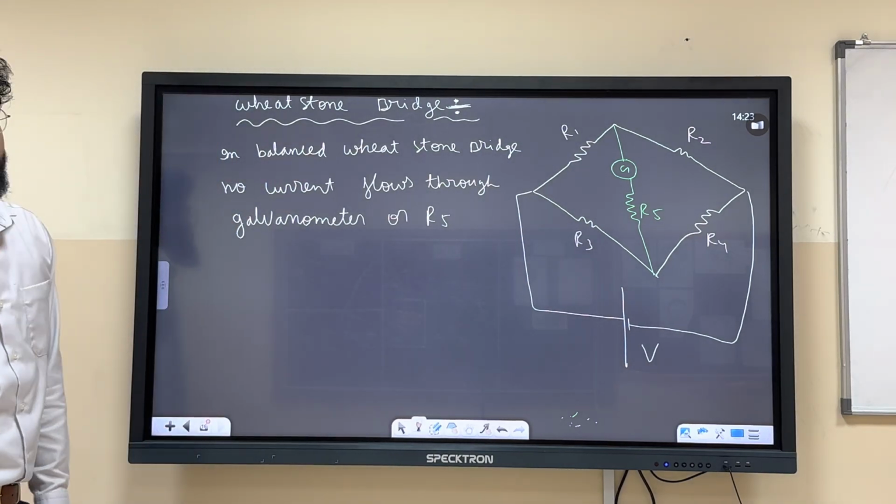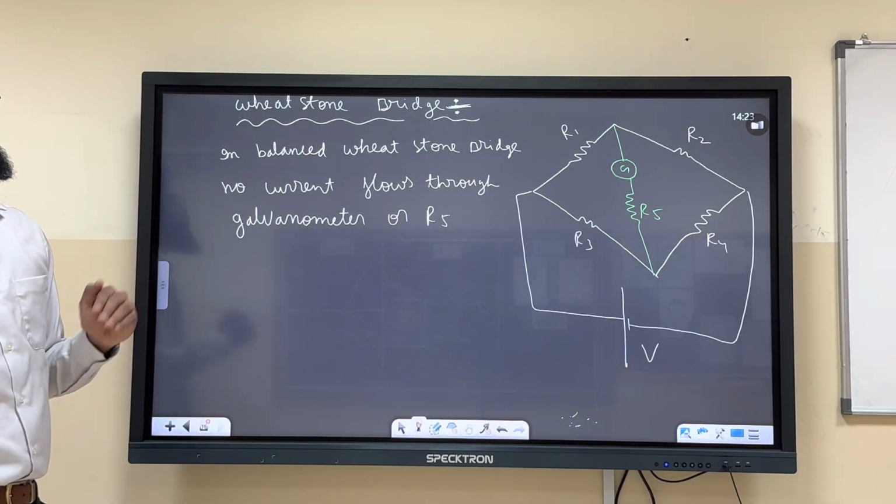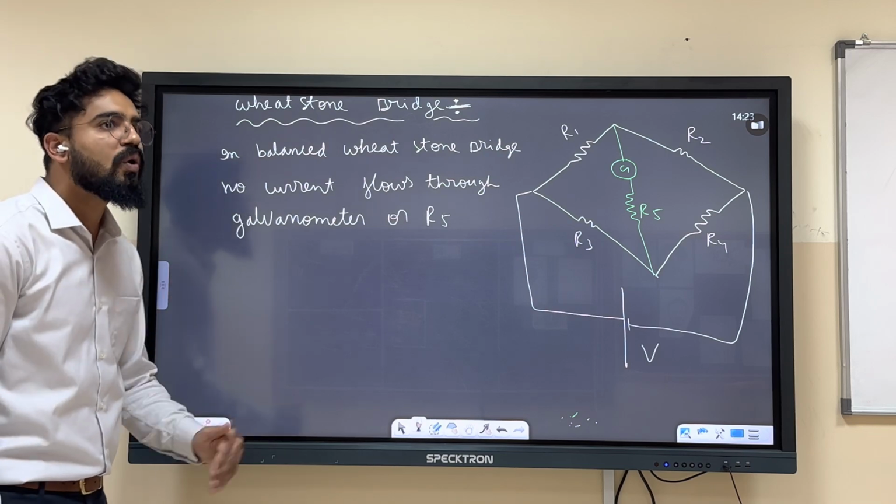This is the case that the galvanometer will show no deflection.